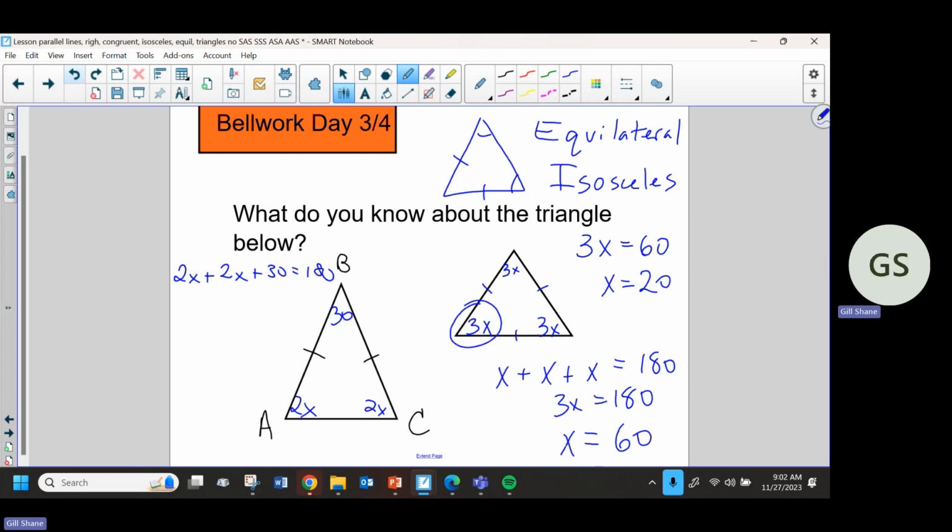Could be about sides also, like they might not tell you the sides are equal. They might tell you the angles are equal. Well, then you would have to say, okay, if my angles are equal, I know the sides are equal. And then there'd be some kind of an equation you'd have to use to solve.